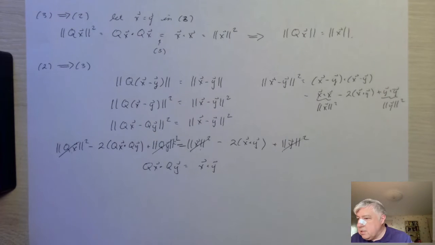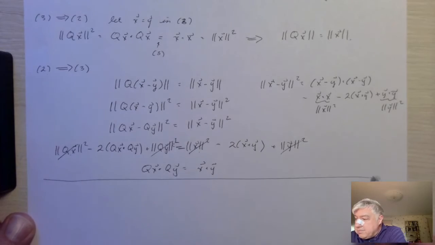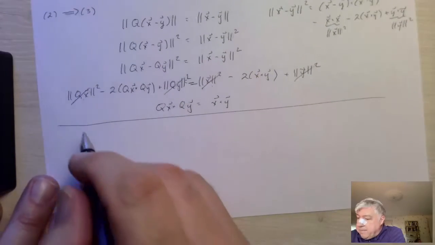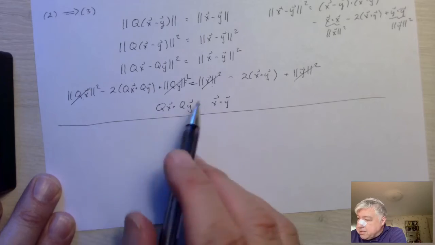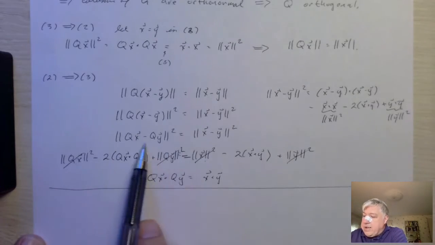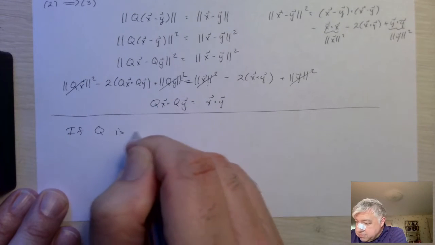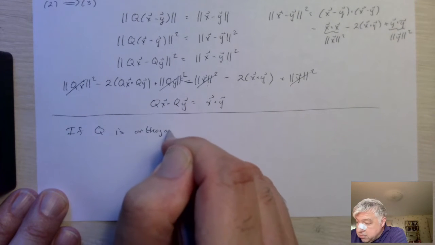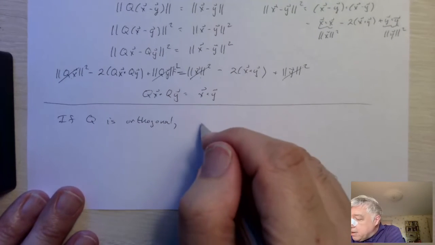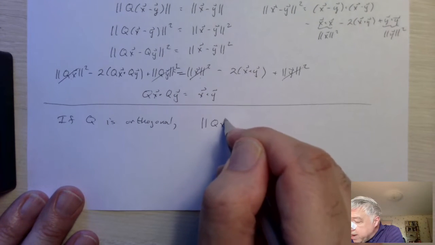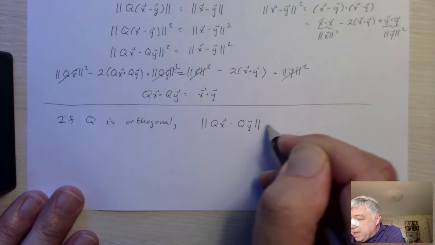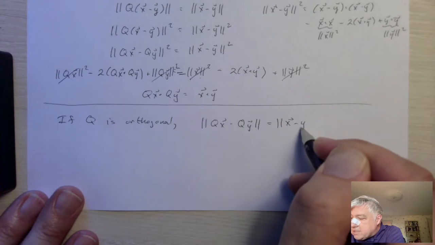All right. So that follows. So that's a very important fact. And again, what we're saying is that if Q is orthogonal, the length of Qx minus Qy is going to be equal to the length of x minus y.